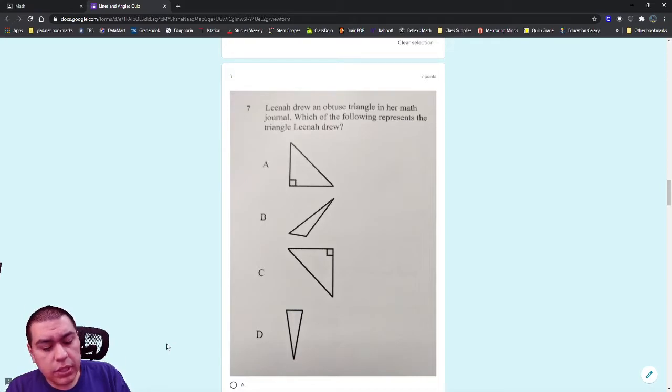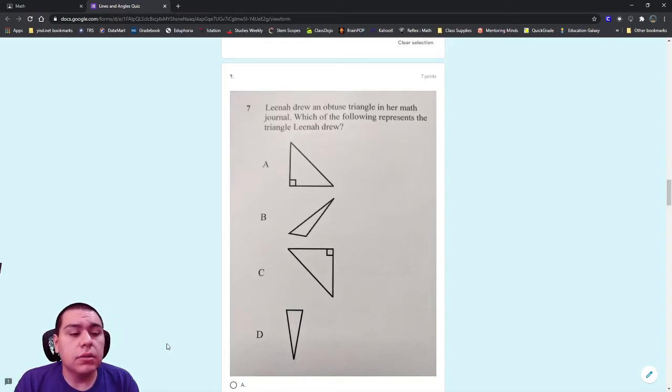Look at the name, there's a big clue. A right triangle has to have a right angle. So an obtuse triangle has to have what kind of angle?